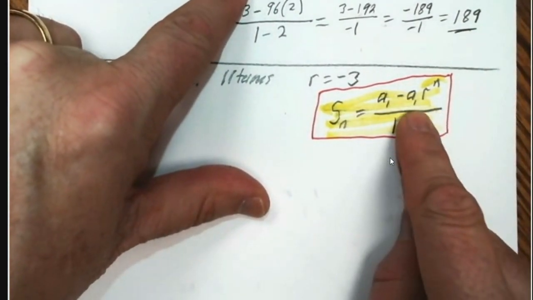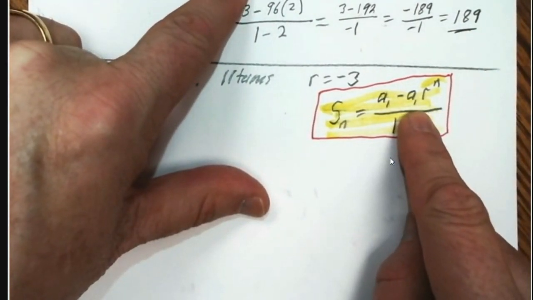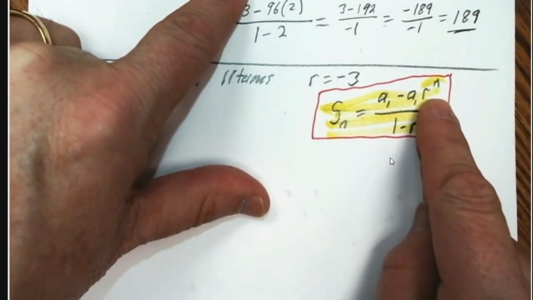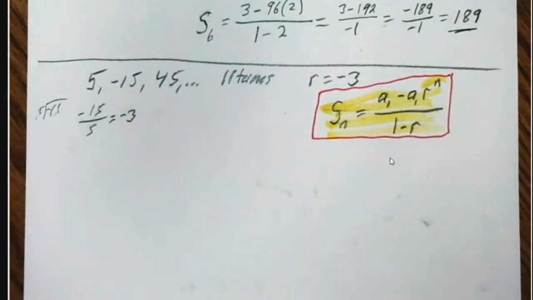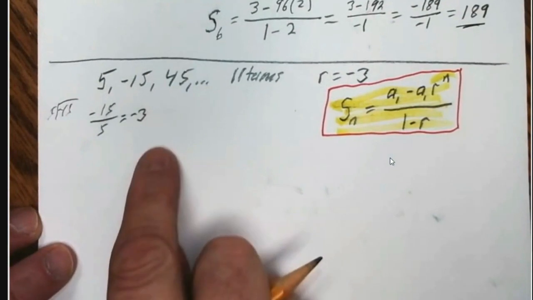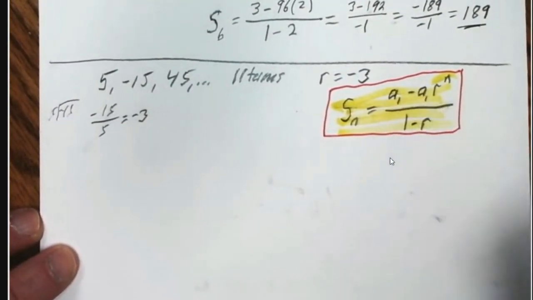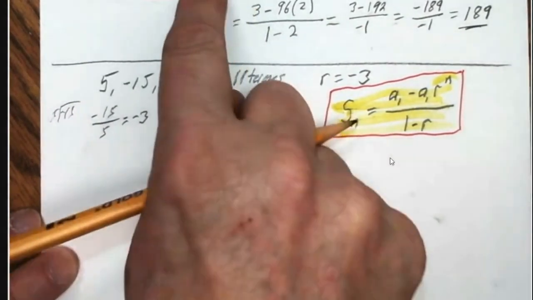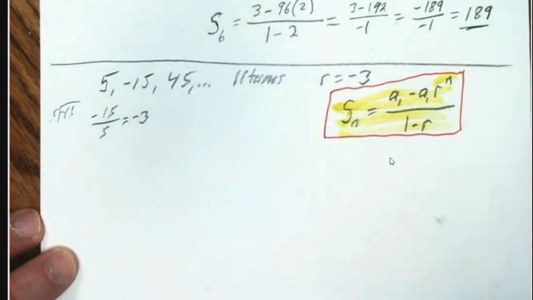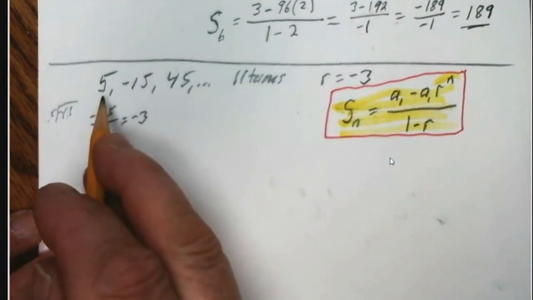This uses the first term times r to the power of n. Okay, so that one we can do because we only have to have the first term and the ratio. That's all we have to have for this formula. This one we have to have the first term and the last term and the ratio. So let's try this.